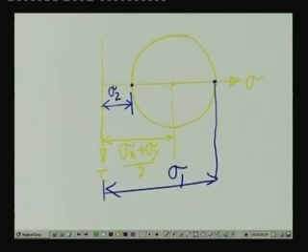So, if you note that in these two planes where the maximum and the minimum normal stress act, the values of the shear stresses are 0. So, the planes where the maximum normal stress acts, the values of the shear stresses are 0, and these planes we call principal planes, as we have seen in other lessons.